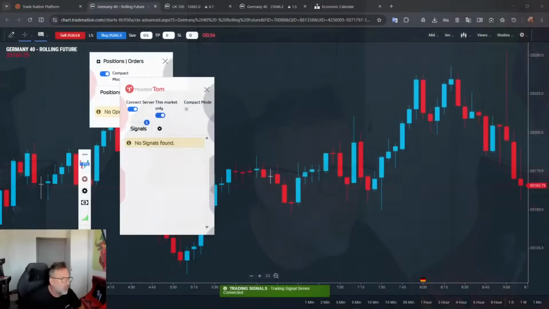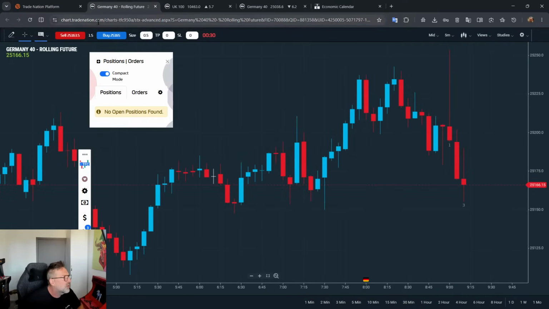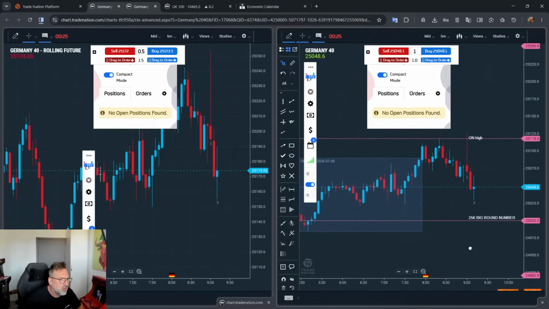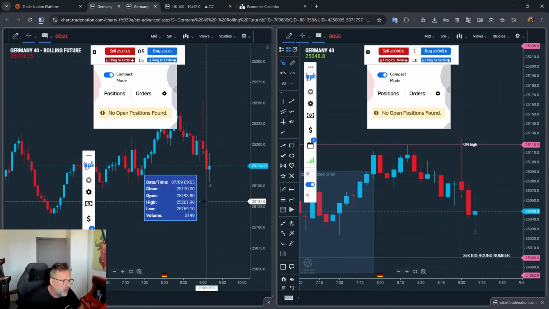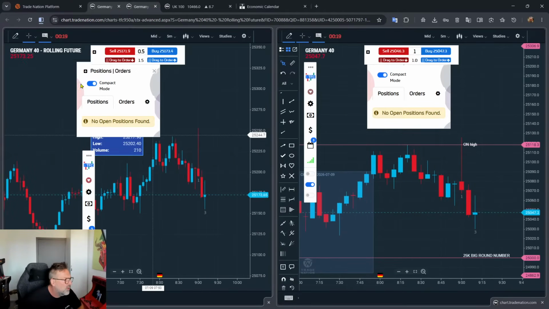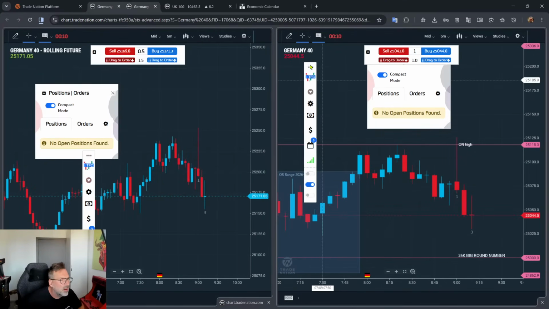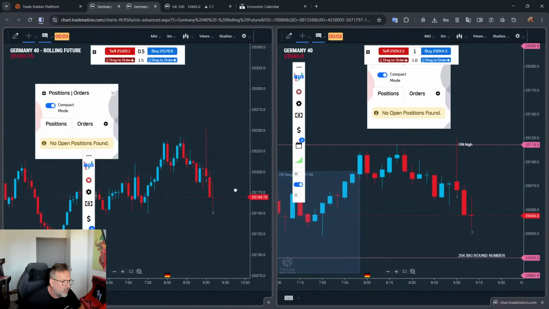Now let's watch that side by side. So you see a 5-minute chart left and a 5-minute chart right. The difference is that on the left is a futures chart, and on the right is the cash CFD chart, which represents the cash prices, the cash market, right?